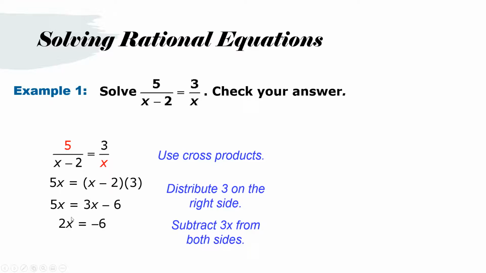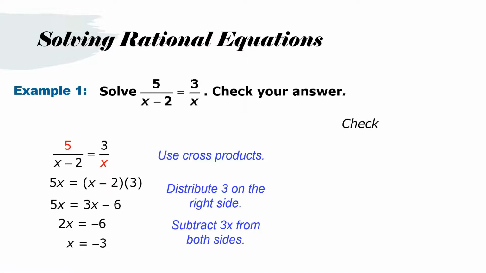Now I repeat, what would be the number that if we multiply it by 2, the answer is negative 6? The answer is negative 3. So, if we multiply negative 3 by 2, the answer is negative 6.